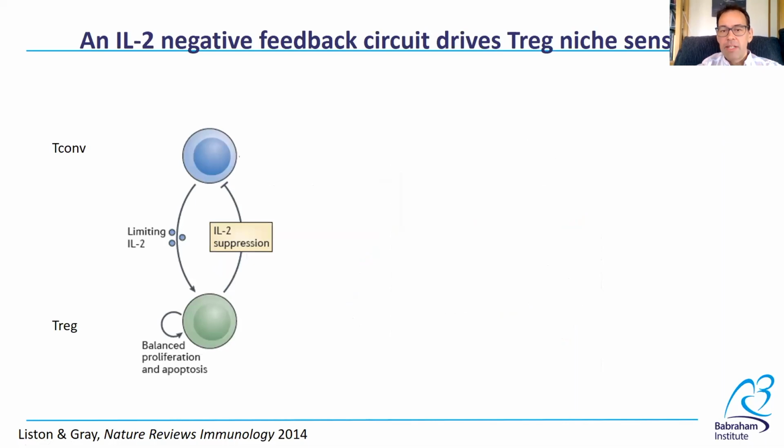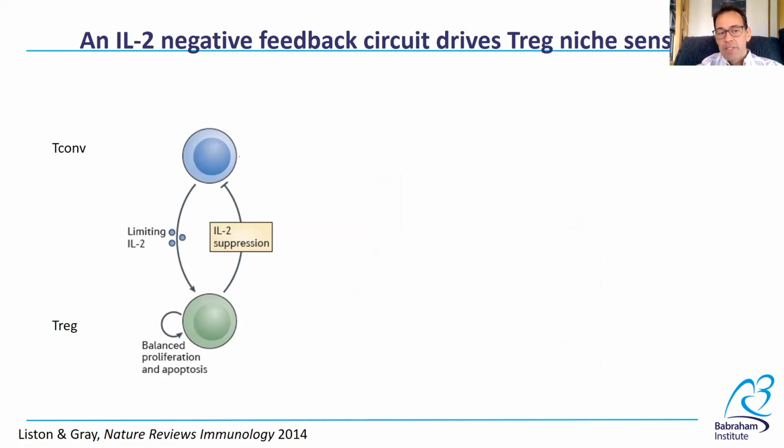This gives us a very nice negative feedback circuit. The Tregs need to have IL-2 to survive. However, IL-2 is limiting, and IL-2 is only coming from conventional T cells because the paradigm is that Tregs can't make IL-2, although we'll challenge this a little bit later.